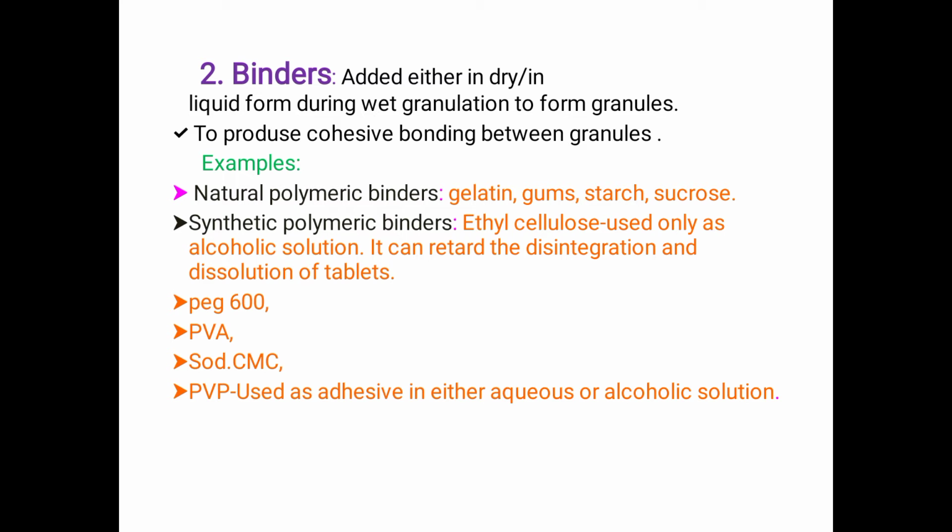Next one is PVP, polyvinyl pyrrolidone. PVP is used as an adhesive or binder either in aqueous or alcoholic solution. But ethyl cellulose is used only as an alcoholic solution because it can retard the disintegration and dissolution of the tablets. You have to remember this point.